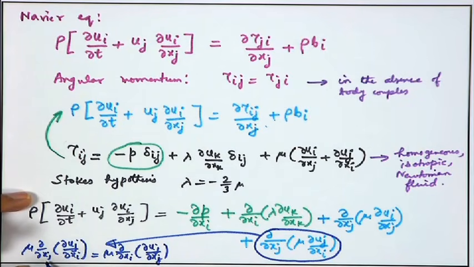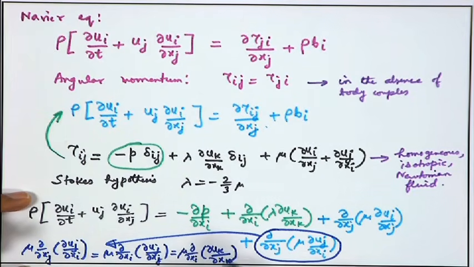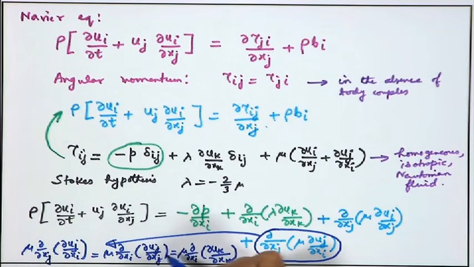We can write this with an assumption of the continuity of the second order derivative. It does not matter whether we differentiate with respect to xj first or with respect to xi first, and this is as good as mu del del xi of del u k del x k. See, this j is a repeated index, therefore, it is a dummy index, it does not matter whether instead of j we write k, l, m, n, whatever. So, mu del del xi of del u k del x k.